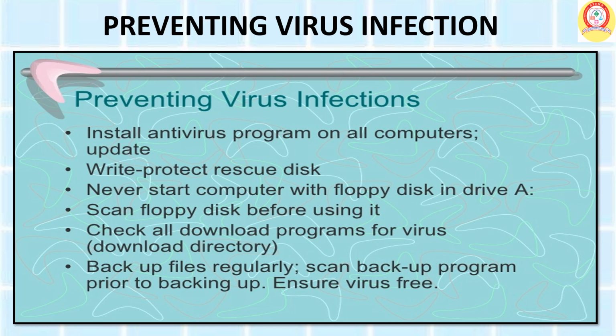Install and use antivirus software and keep it updated. Keep programs and data on separate disks if possible. Scan files that you download from the internet. Never click on a link or attachment in an email unless the email is from a trusted source.